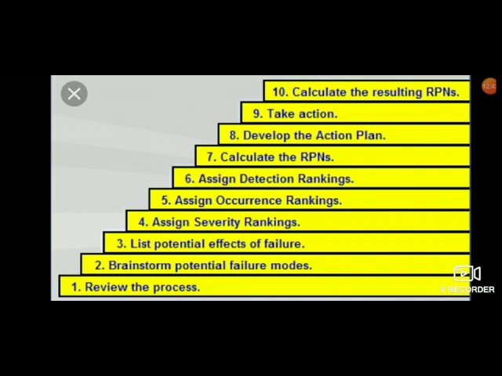Step number 6, which is very, very important, is calculation of RPN, that is risk priority number. It is calculated by multiplying severity, occurrence and detection together. The highest RPN would be 1000 and the lowest is 1.